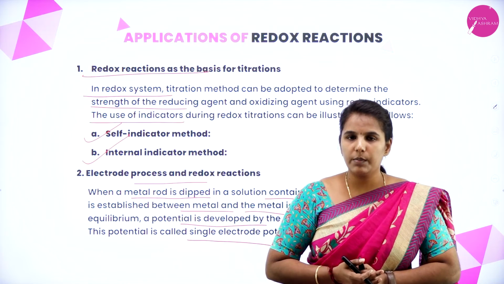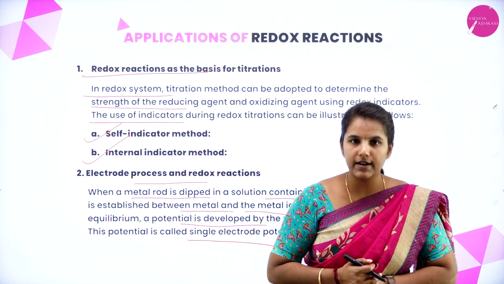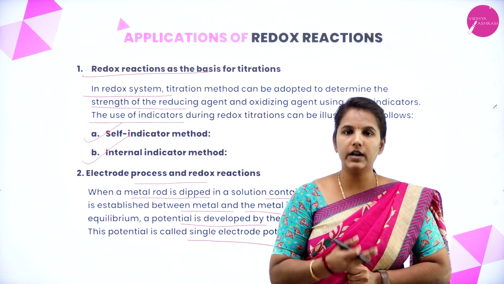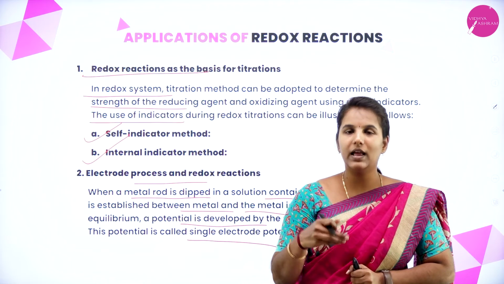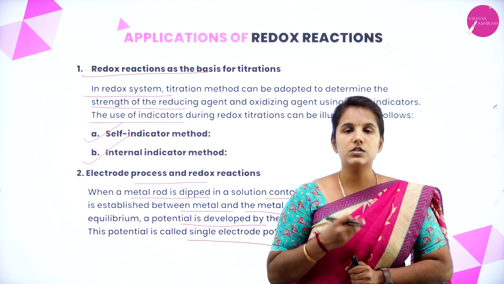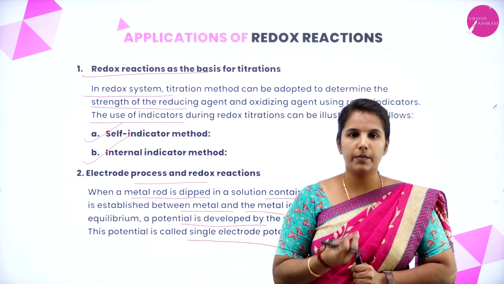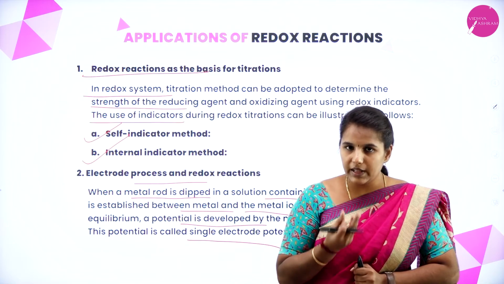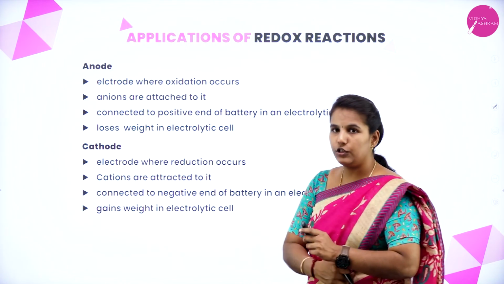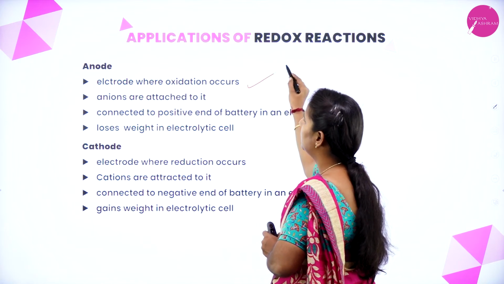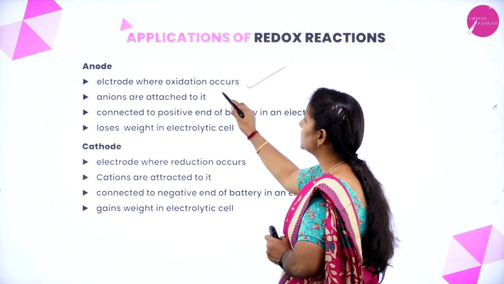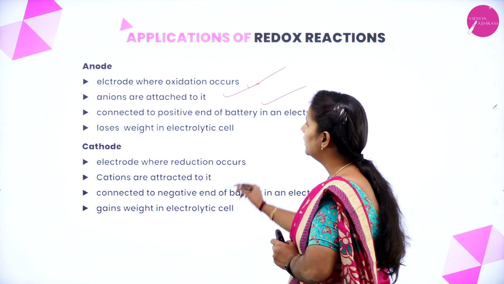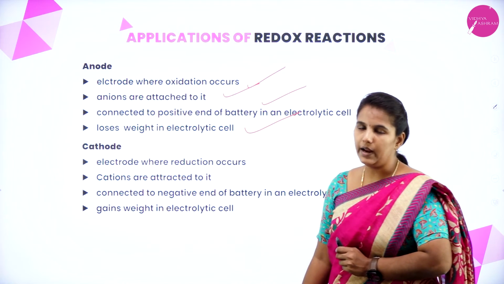So in electrochemistry also, in your second PUC, you are going to understand what the electrode process is by taking two different electrodes, one which is a metal, another maybe a non-metal also. So in that entire electro processing, we will take the metal solution where oxidation and reduction happen simultaneously. Especially at the anode, the electrode gets oxidized and anions get attached to it, and it is connected to the positive terminal of the battery, and loss of weight in the electrolytic cell will take place.